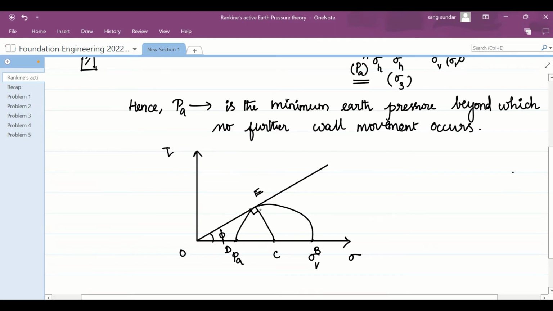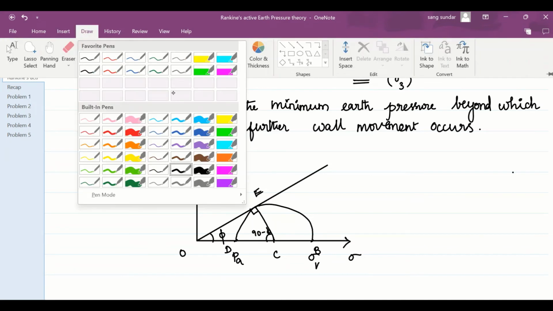Okay, and this forms a perpendicular, and if this angle is phi and if it is 90 degrees over here, how much is this angle? Yes, it is 90 degrees minus phi, and let me change the color of my pen.